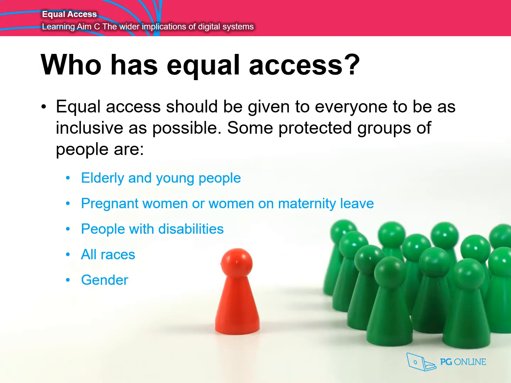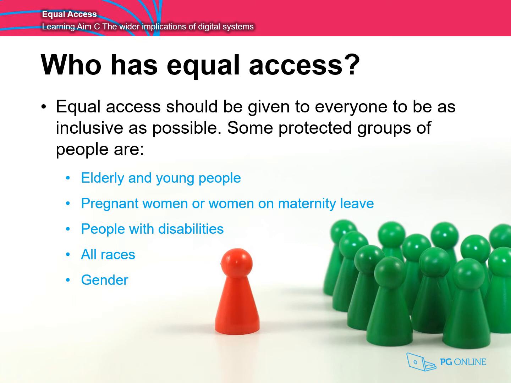To ensure we have equal access and we don't lead to discrimination of different groups, we categorize different segmentations of people so then we can ensure we're supporting them so they can view the material like everybody else. Some of the groups of people that are categorized are the elderly and the young, because both of those groups may not be very familiar with technology at the moment.